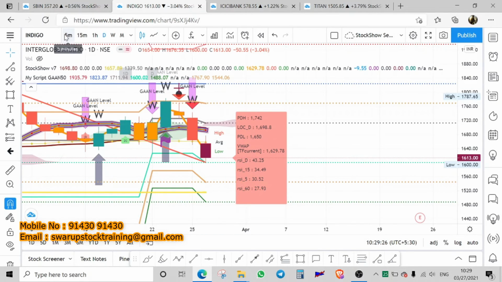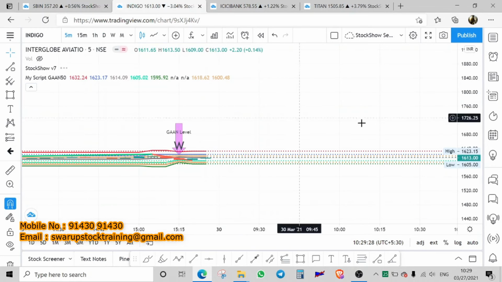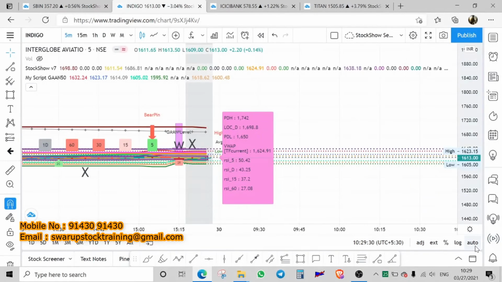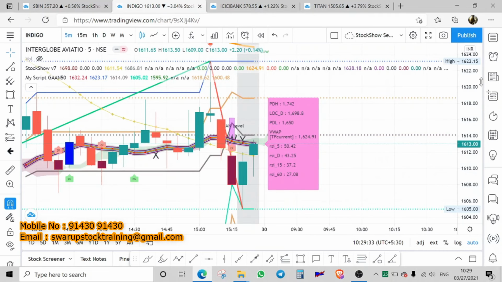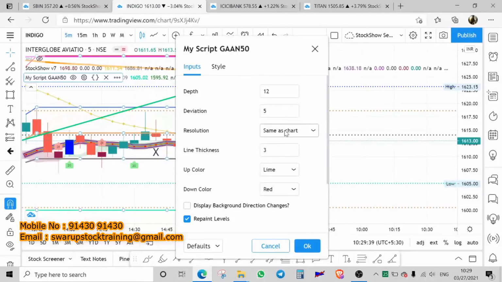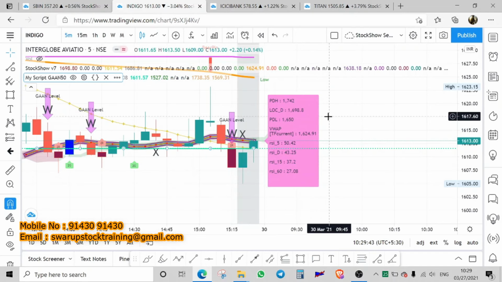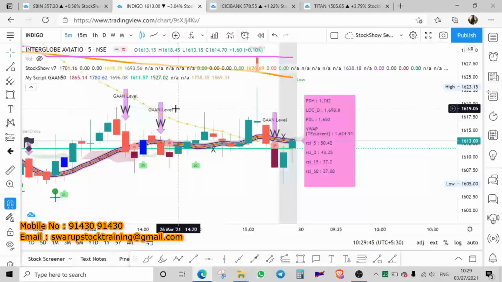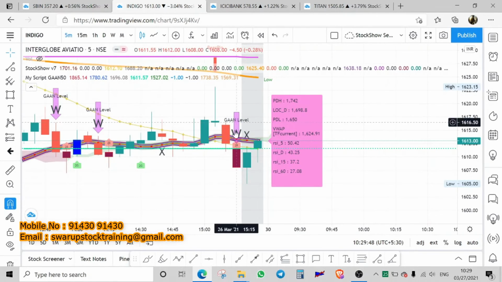If I go to the 5-minute chart of Titan, Gann also you can adjust according to your time frame. If you do not want to take the ride, it is always better to set the pricing the same. I normally set it at 1 hour chart, so that the trade becomes very comfortable, 1 hour or daily. So automatically everything would be target and everything would be set out.